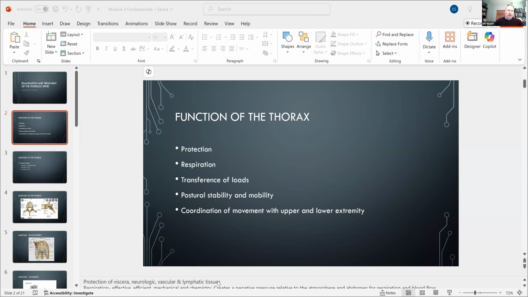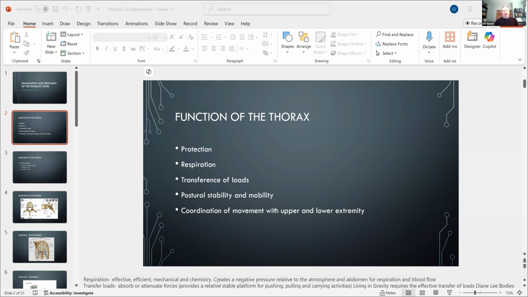So respiration, again, we're going to get more in depth on this as we go through in some of these later Zoom calls. But basically, respiration in humans should be very efficient and provide good mechanical movement, and it does affect blood chemistry, the blood pH.